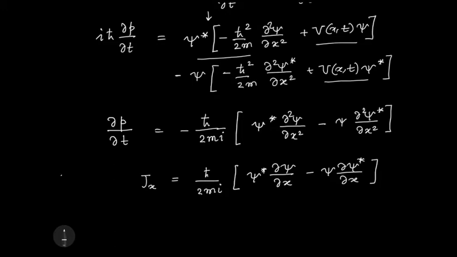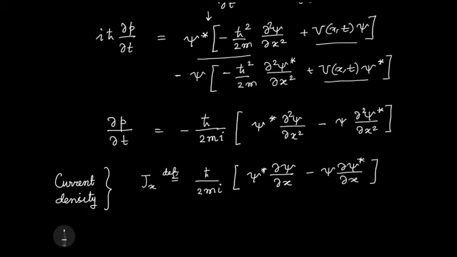Okay, so let us call this for the time being as current density, and we'll come back to why it is called current density. But let us define my current density like this. Okay, this is the definition.